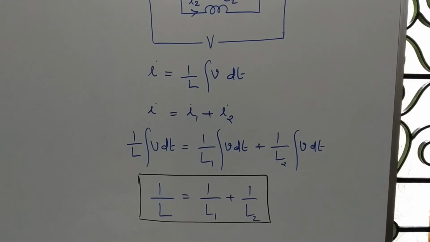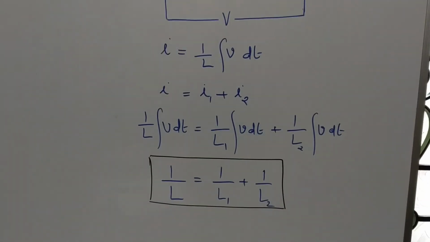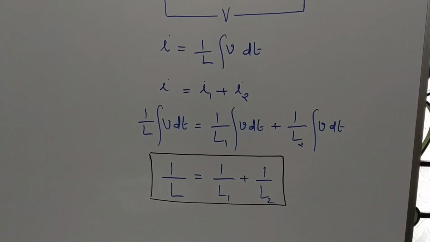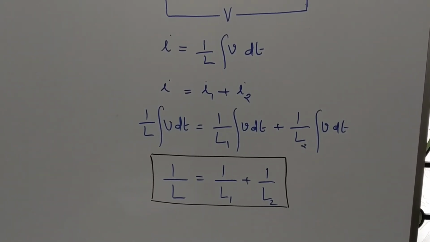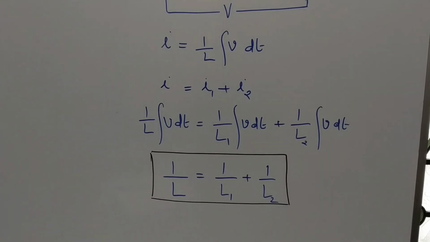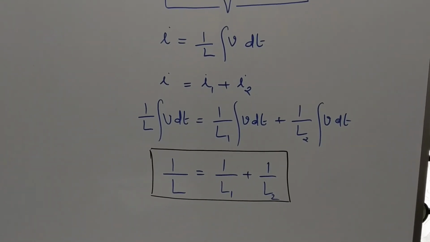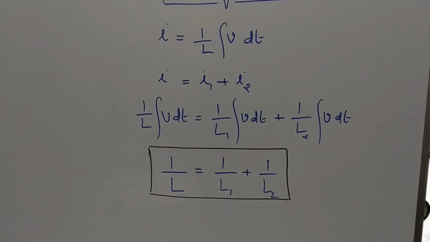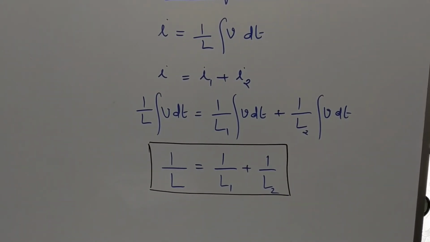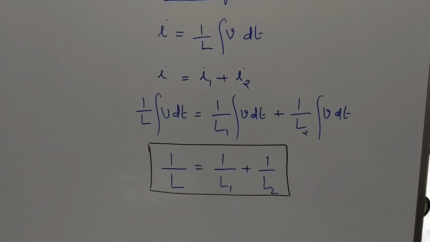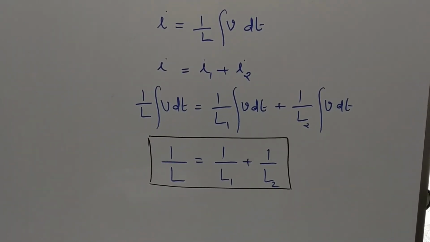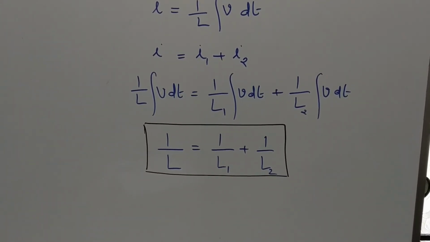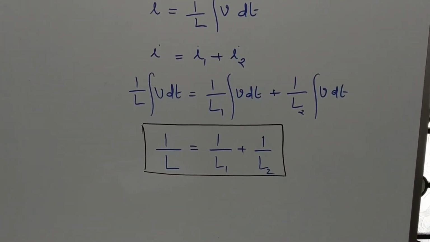So we can substitute into I equal to I1 plus I2, which gives 1 by L integral V dt equal to 1 by L1 integral V dt plus 1 by L2 integral V dt. Integral V dt can be cancelled. So you'll get effective inductance when connected in parallel as 1 by L equal to 1 by L1 plus 1 by L2. Again the same as in the case of resistance.